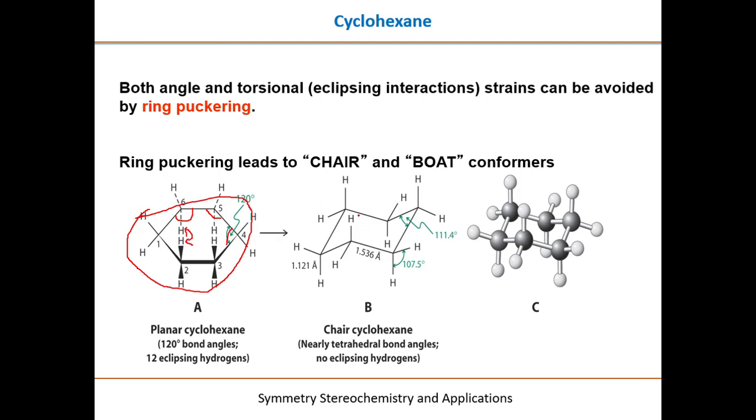So when we draw it in chair form, we can see the bond angle is now more than the previous one. So the angle strain is reduced here.